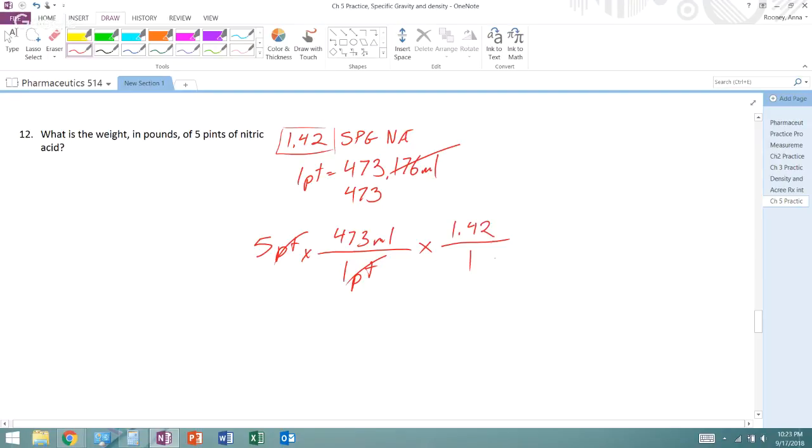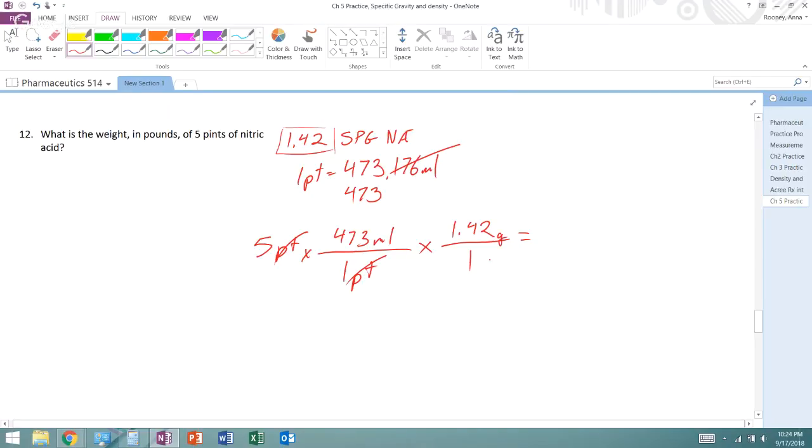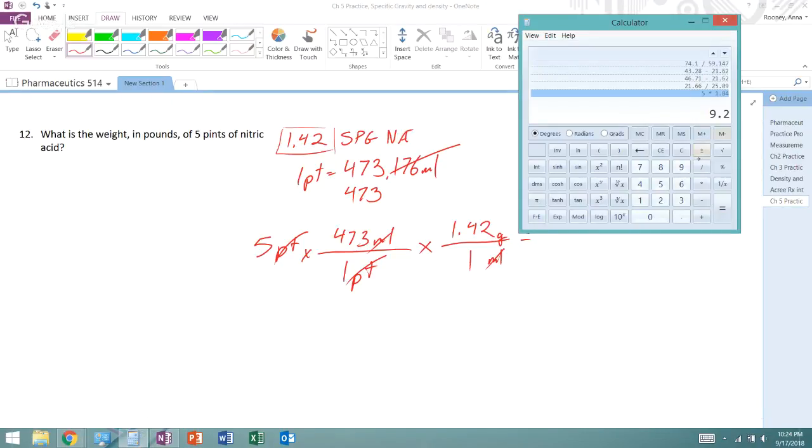Okay. So then we find that this is grams and this is milliliters. This should cancel out because of the 1-to-1 ratio on water. So don't get too confused.